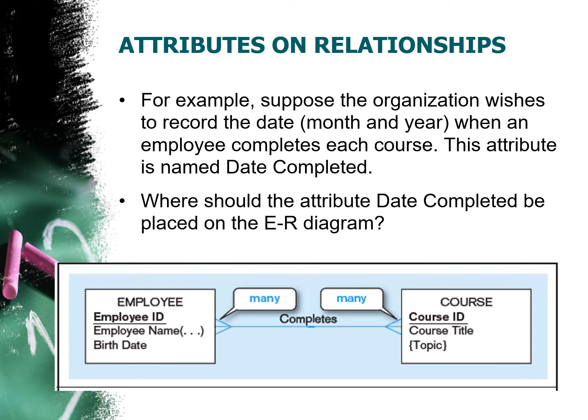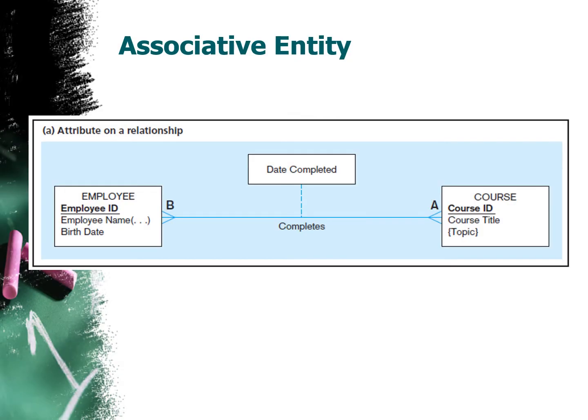Now, going back to the question, where should the attribute date completed be placed on the ER diagram? Now, we can have a place for it. So this time, you might be asking, when are you going to create an associative entity? You are going to create an associative entity when you have a many-to-many relationship between two entity types.